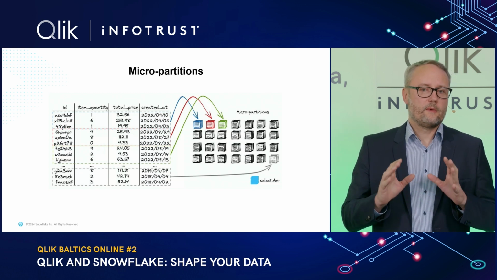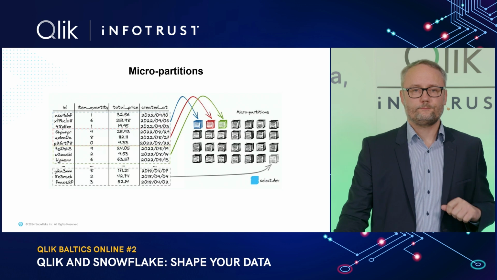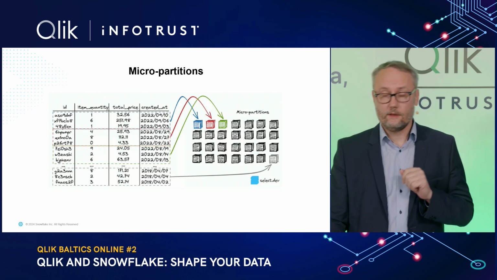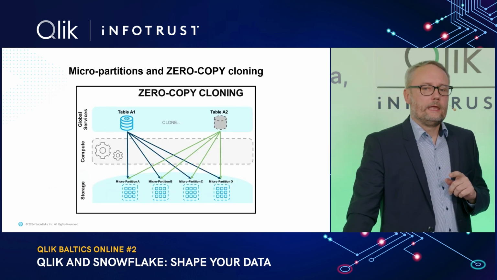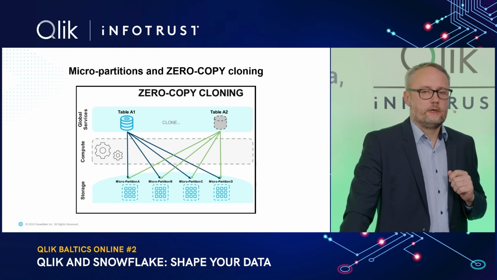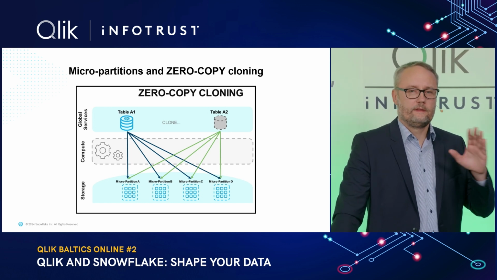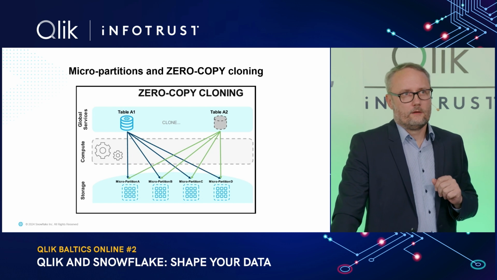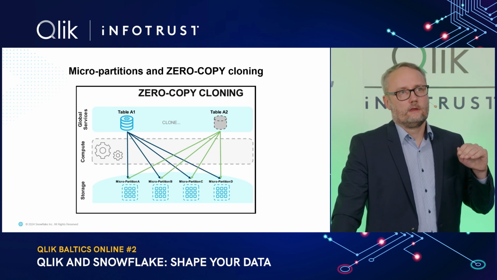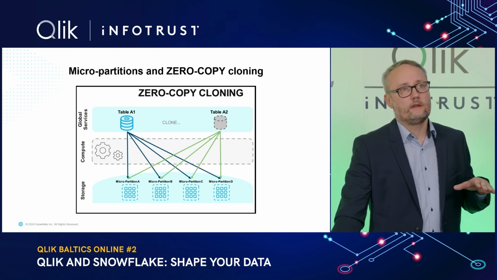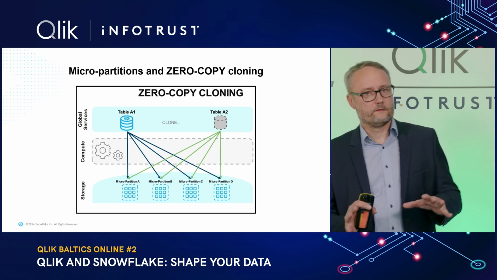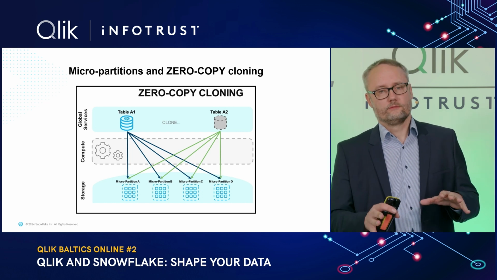But usually it's 50 megabyte partitions. And what does it give us? Each partition can have a link to different tables, which means in Snowflake, they say data are stored only once. And in Snowflake, it's true.